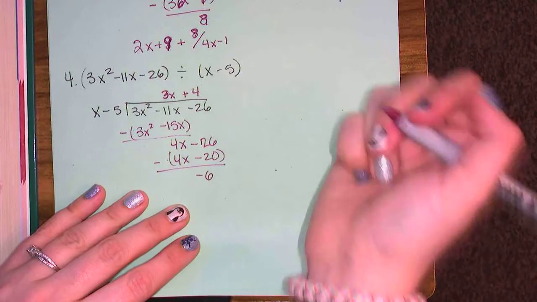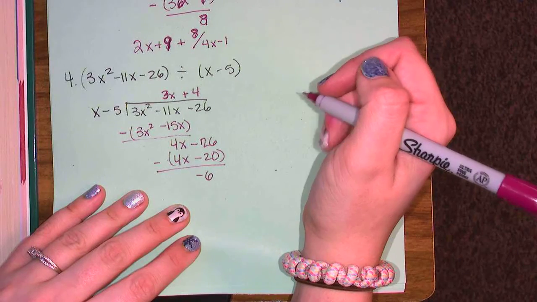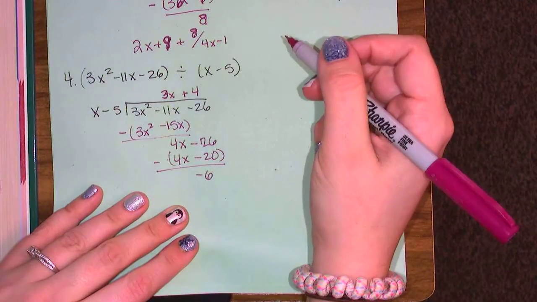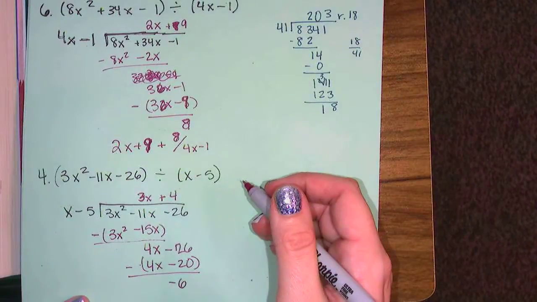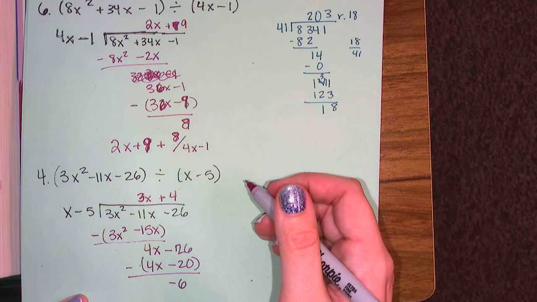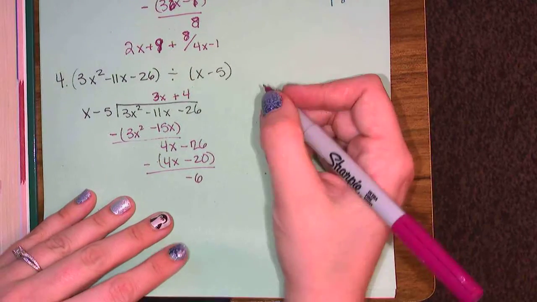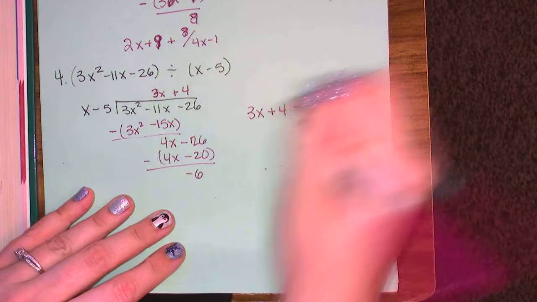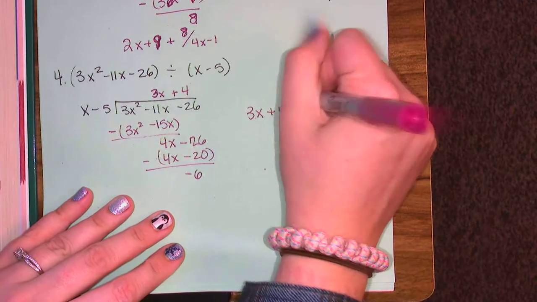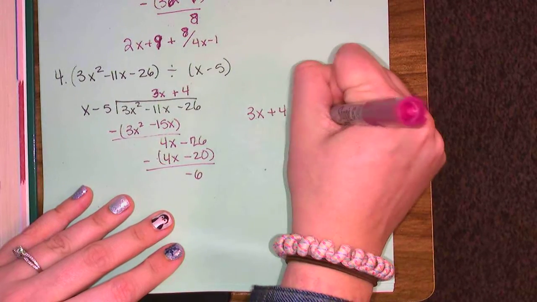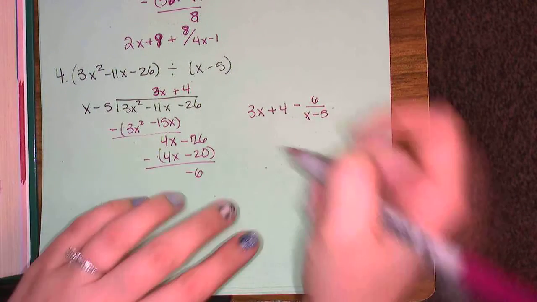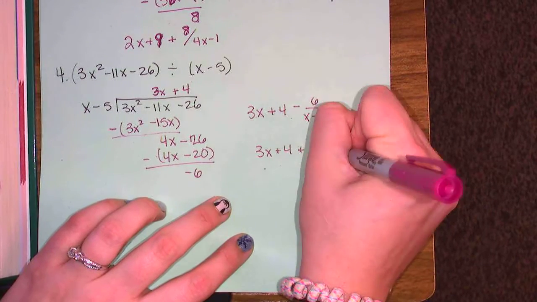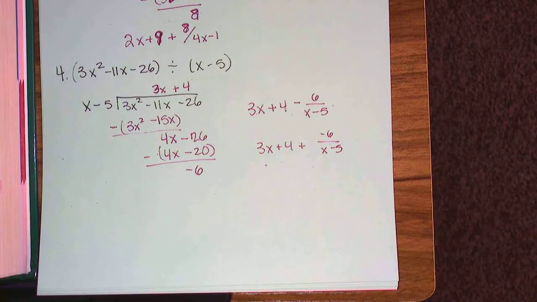So then my answer is written 3x plus 4 minus, because this is negative, 6 over x minus 5. If you were to write 3x plus 4 plus negative 6 over x minus 5, these are the same thing. Either answer is acceptable.